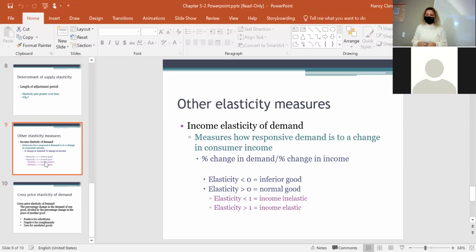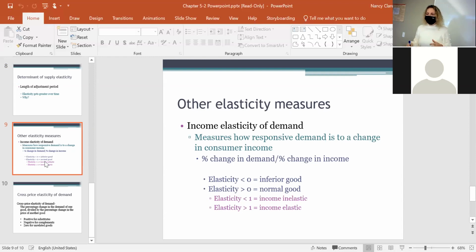So this first one is something we call the income elasticity of demand, which goes through and does an analysis that has to do with how responsive people are when their income changes. So how their demand changes when their income changes.